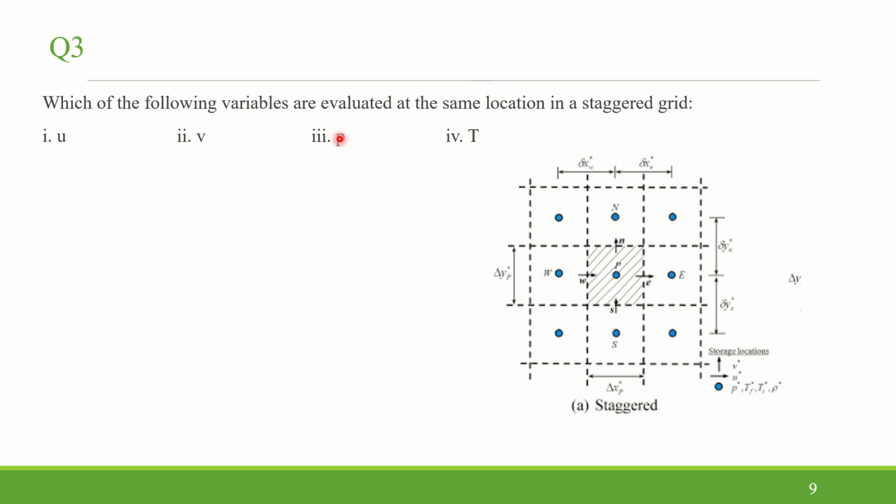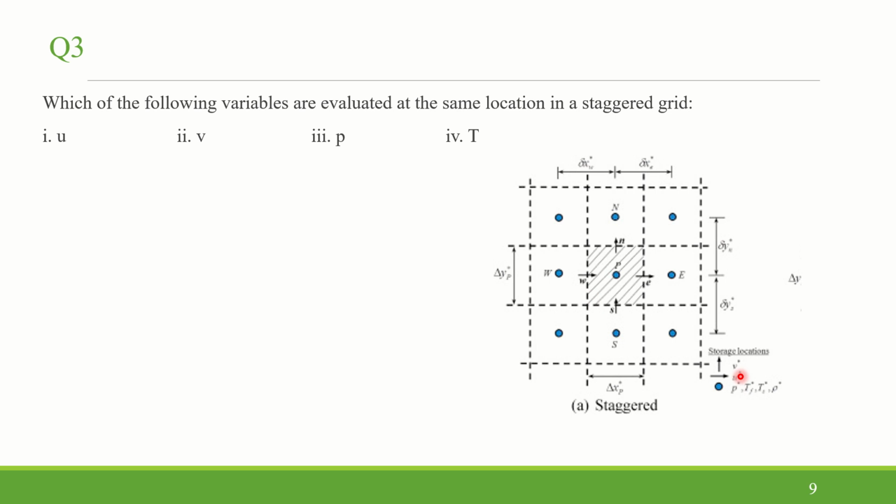So we have u velocity, v velocity, pressure and temperature. If we look at it, this is how calculations are done in the staggered grid system, and velocities are calculated along the edges of the grids, whereas scalar variables like pressure and temperature are calculated at the center of the cell.